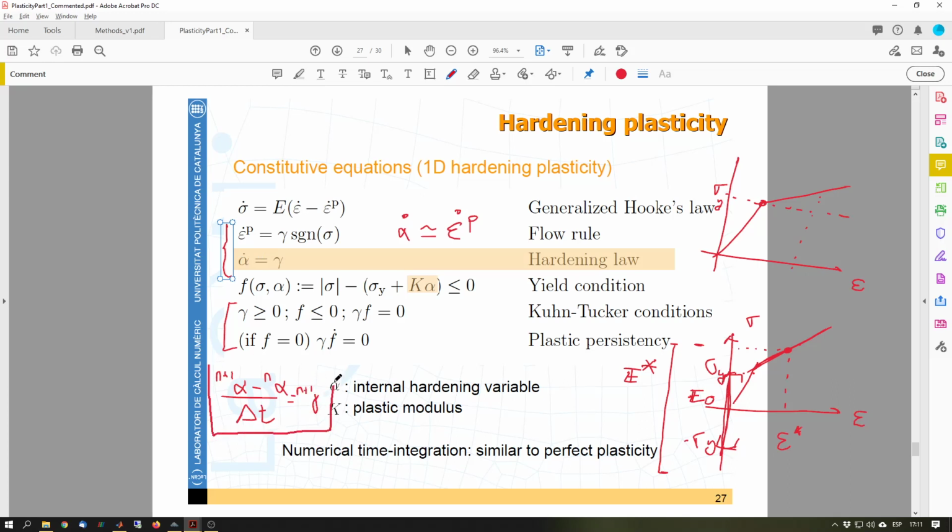This is the backward Euler corresponding to that scheme. The one for the other is exactly the same as before, but we need this additional numerical integration for the differential equation.